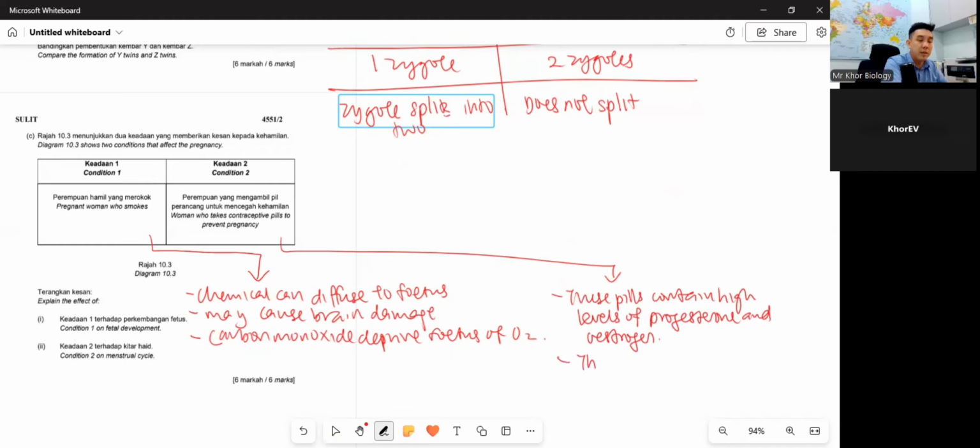This inhibits FSH and LH. So the ovum cannot be formed.